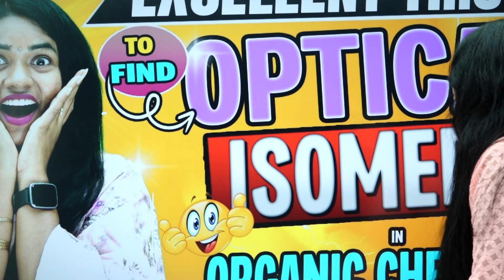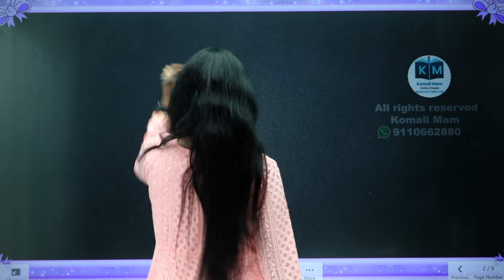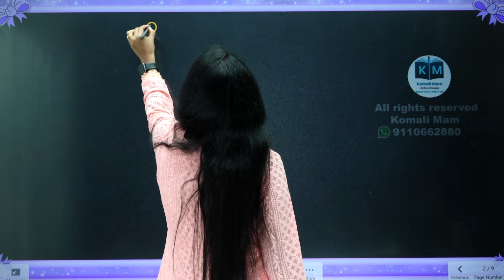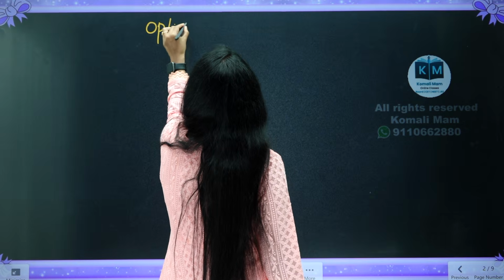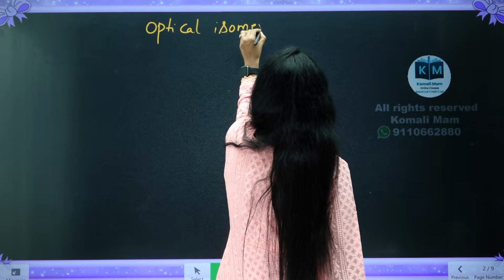Let us see how you can find the optical isomers. Optical isomers, how to find?